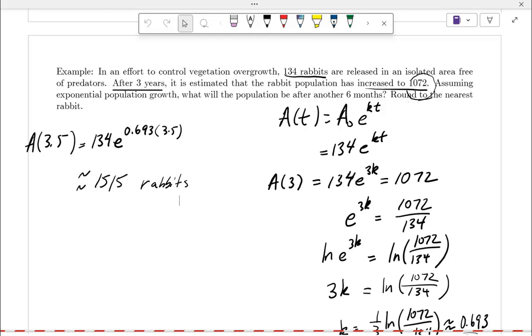And then we started talking about how we can model with a general exponential function, where we write it in this form, a sub 0 e to the kt. What did the a sub 0 represent again? Yeah, that initial amount, whatever is present at time 0. And then our main goal was to try to figure out what that k was in there, so we can get those functions.